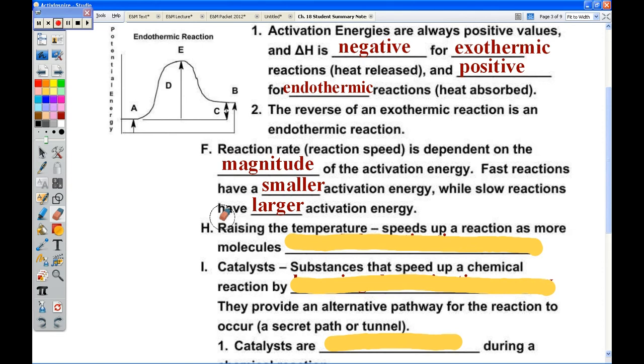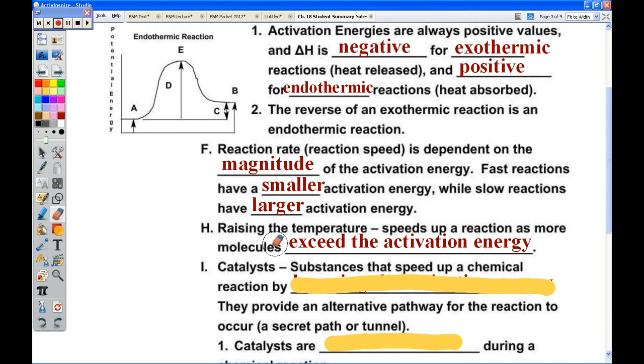So what do you think happens if we raise the temperature? If we raise the temperature, the reaction will speed up because more molecules will exceed the activation energy. The higher the temperature, the higher the average kinetic energy.